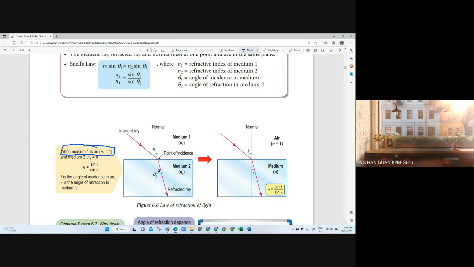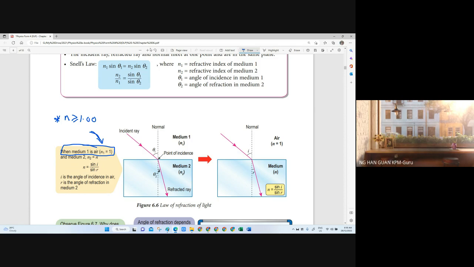So here, actually, it is very important to understand that n is always more than or equal to 1.00. It cannot be less than 1 for the refractive index of any particular medium.